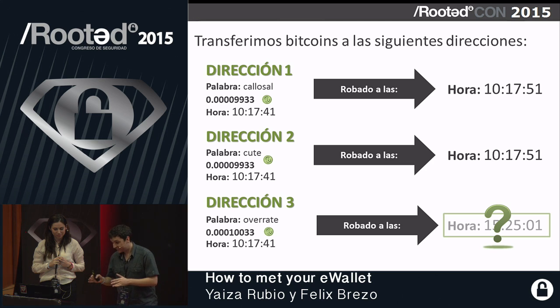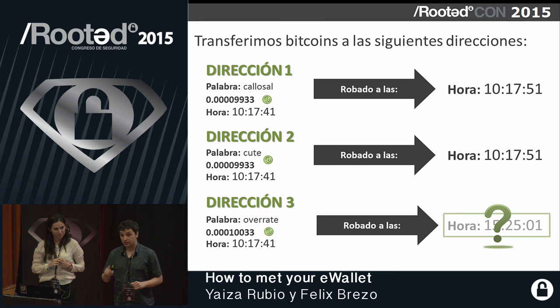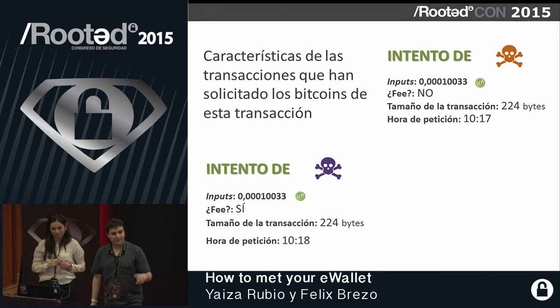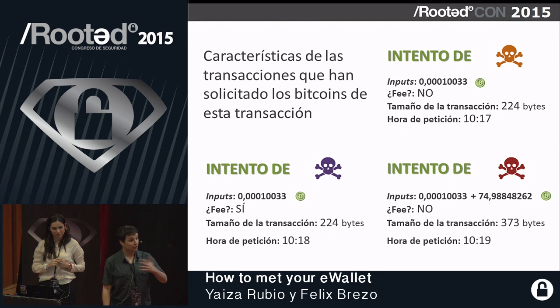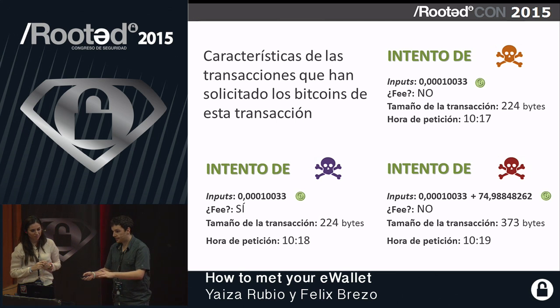When we transferred money to these accounts, in 2 of them, just 10 seconds afterwards, there was a transaction. In the third of these accounts, there was not one single transaction, but even 3 transactions in the next 3 minutes. 3 people were claiming the bitcoins we had transferred.